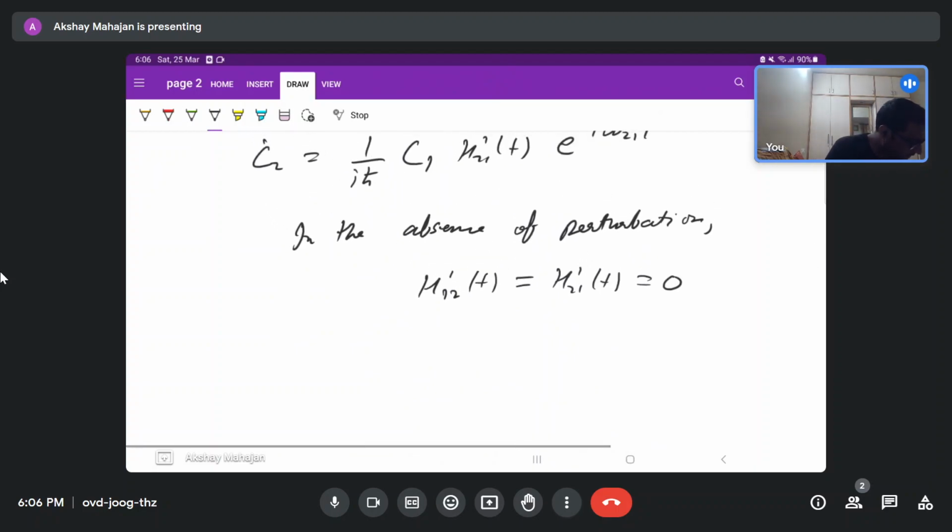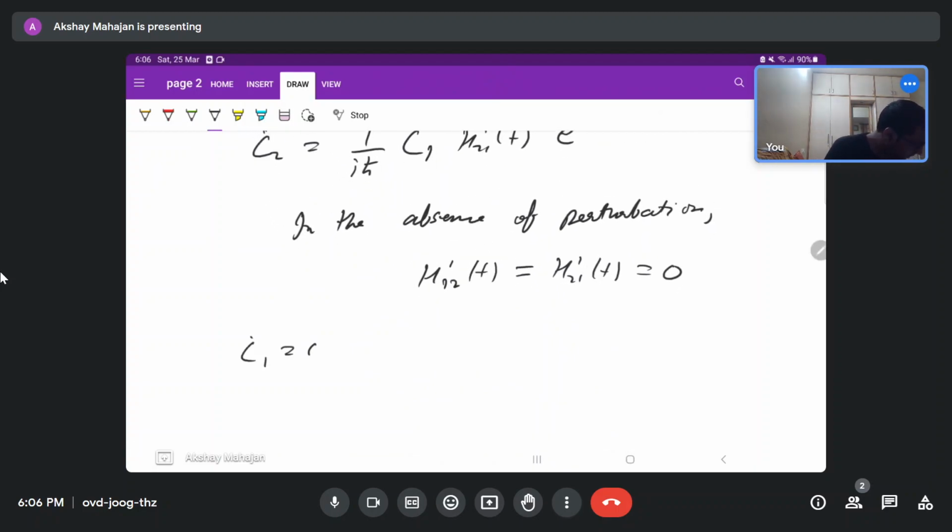That will give us C1 dot equals C2 dot, the change of C1 and C2 with respect to time, equals 0.